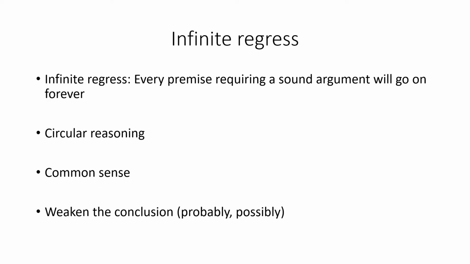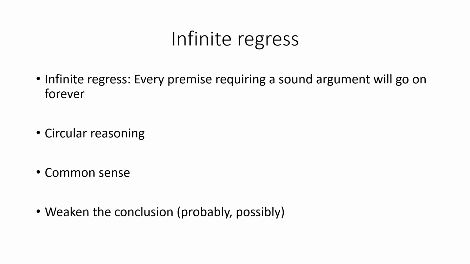If every premise that someone is going to doubt or reject will require a sound argument in order for the premise to be justified, there's a problem in philosophy called infinite regress.